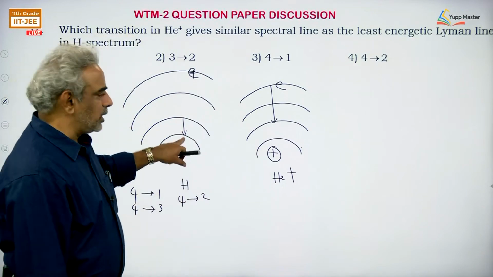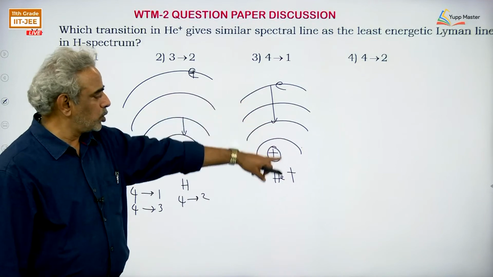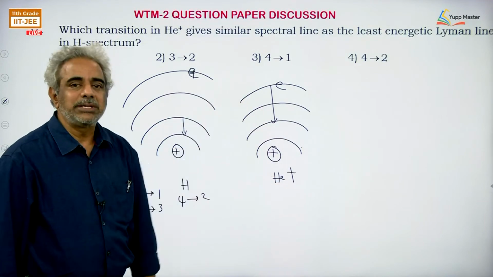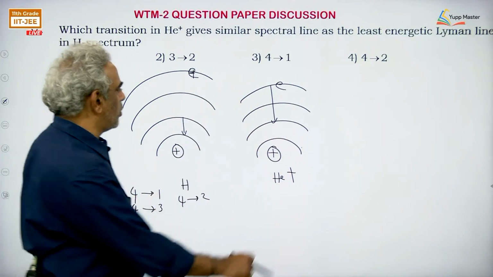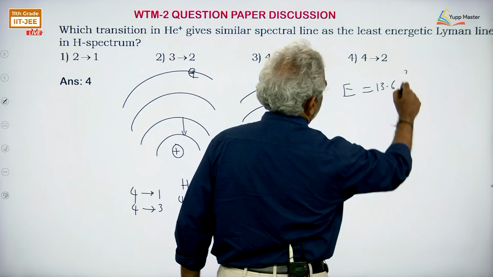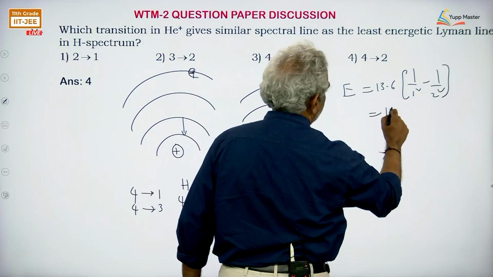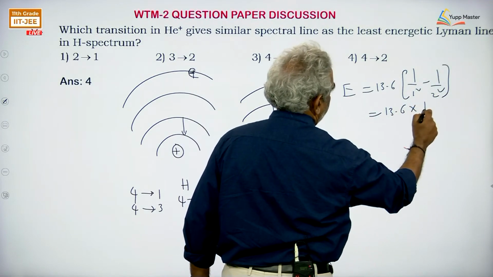Because in 2 to 1, whatever energy is released, just now we have calculated, in 4 to 2 in helium also the same energy is released. In 2 to 1 how much energy is released? 13.6 into 1 by 1 square minus 1 by 2 square. That is 13.6 into 3 by 4.